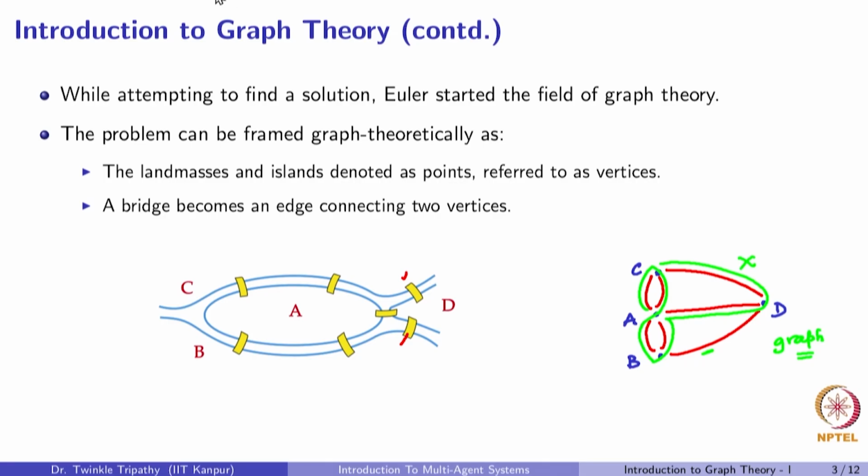So now, let me ask this question to the students here. Can we actually add a bridge in Königsberg so that the entire city becomes traversable via the bridges, such that the bridges are traversed only once?